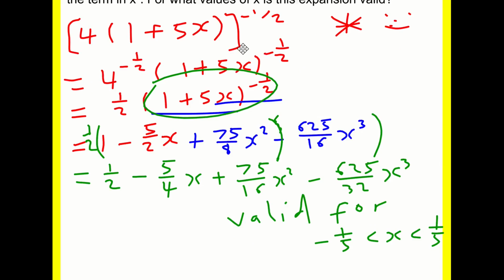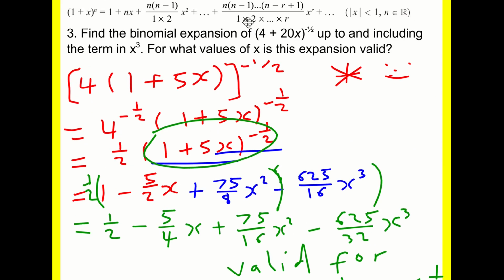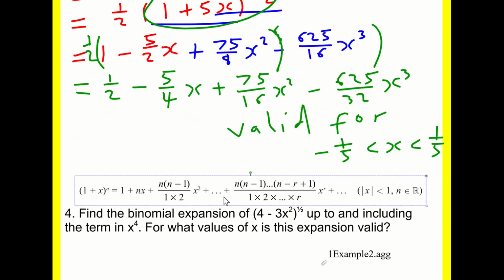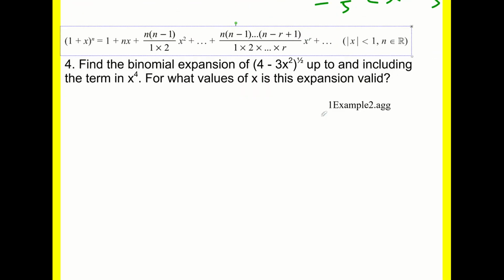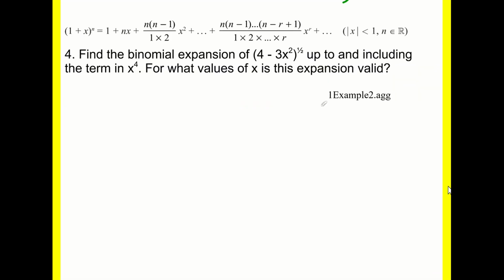Let's grab the formula at the top. Okay, first thing, what is it? We need to get it so it's in the form 1 plus x to the n. So, what we're going to do, we're going to write down the function 4 minus 3x squared to the half.